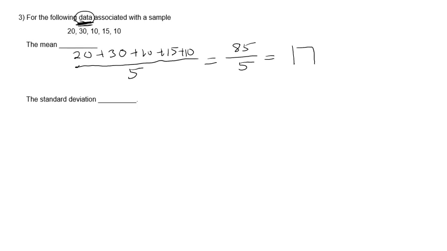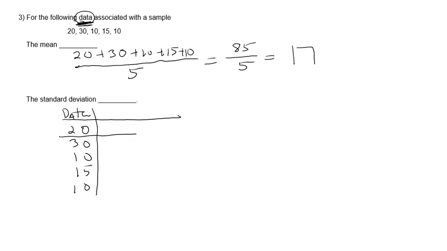The standard deviation. When you're given the actual data, my suggestion is to form a table. The first column will consist of the data. So we're going to have 20, 30, 10, 15, and 10.